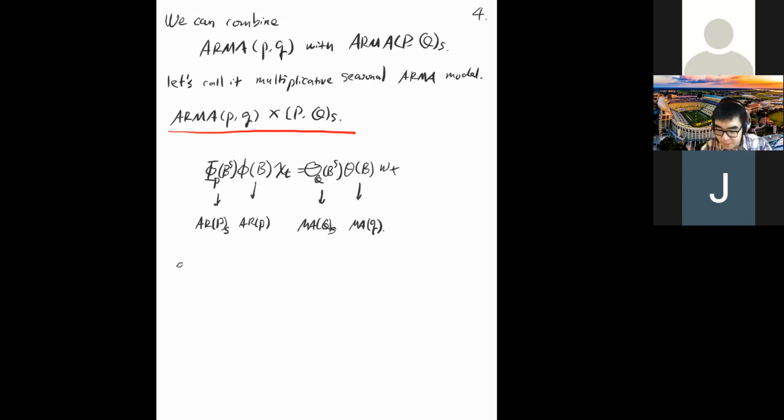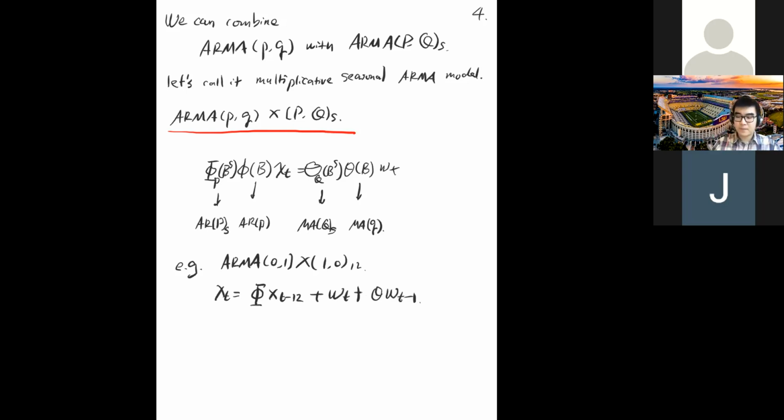So for example, let's do this model, ARMA(0,1) times (1,0)_12. Okay, so what is this model? This is equal to x_t equal to Phi x_{t-12} plus w_t plus theta w_{t-1}.